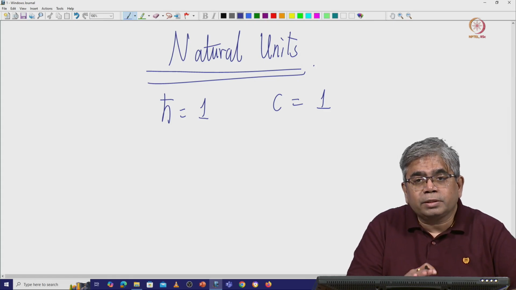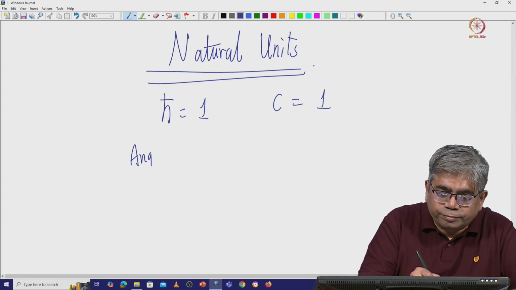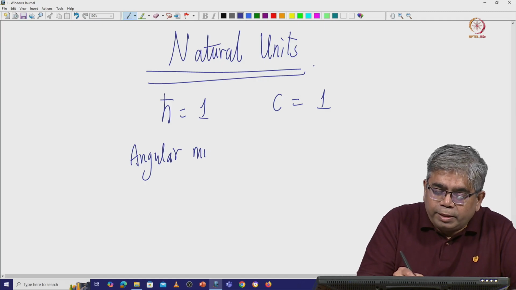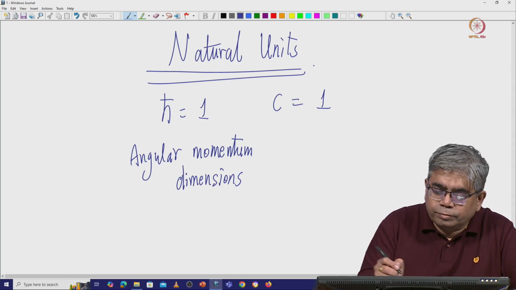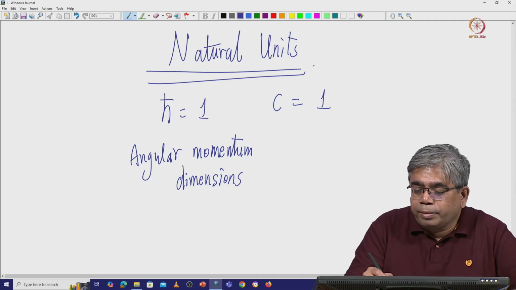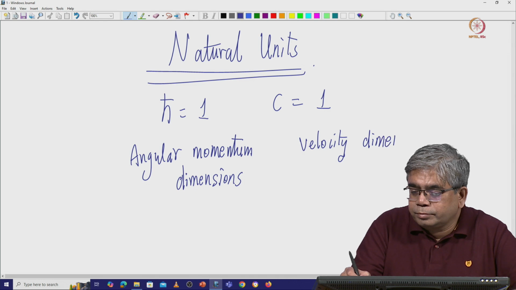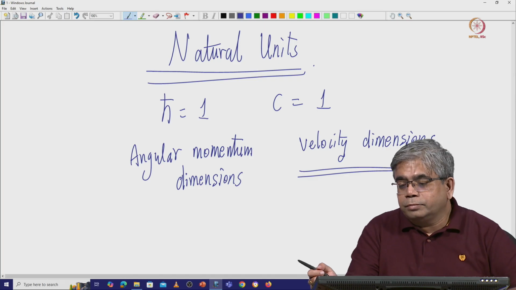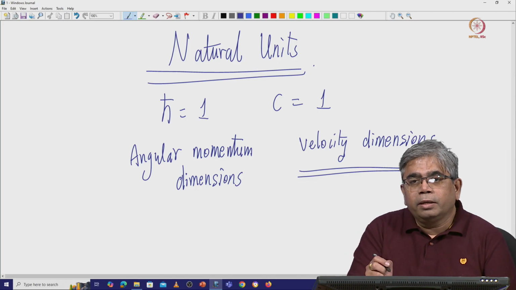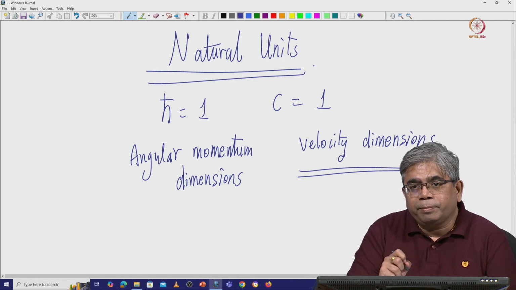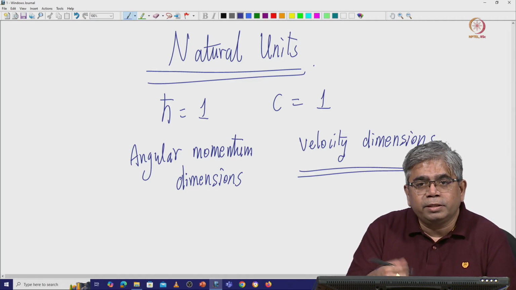Remember that h cross and c are both dimensionful parameters. H cross has angular momentum dimensions, whereas c has velocity dimensions. The consequence of setting h cross and c equal to 1 is that you start measuring everything in terms of energy units.